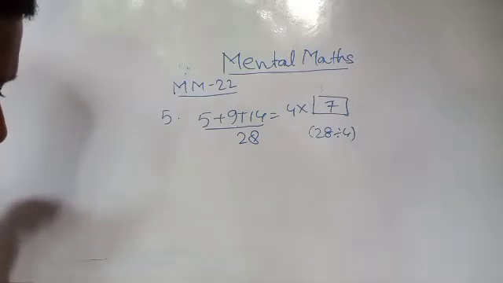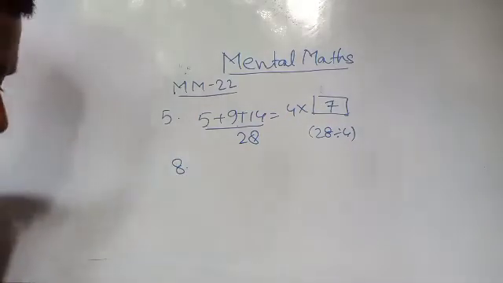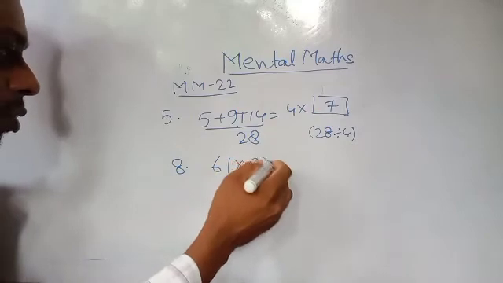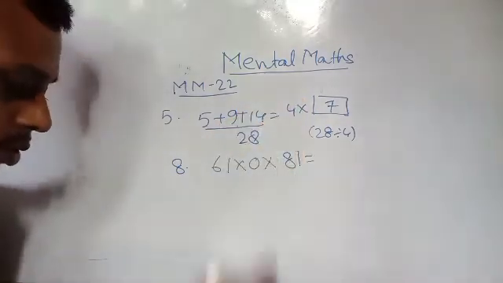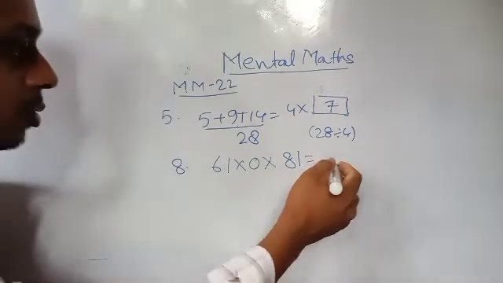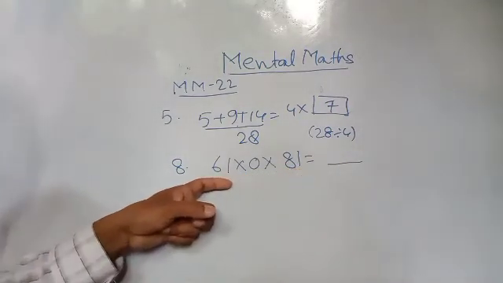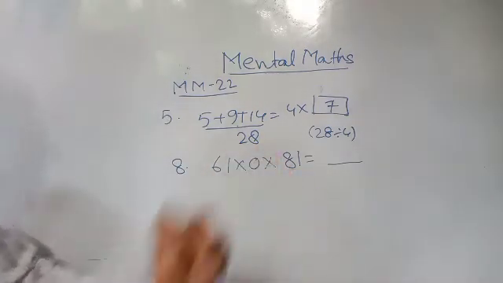Next, number 8. 61 into 0 into 81 equal to what? Listen, all are in the form of multiplication: 61 multiply 0 multiply 81.